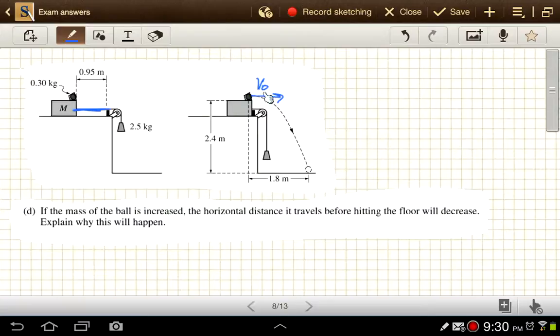The time to fall won't be changed, and so the distance, that's x minus x naught, that was just equal to the initial velocity times the time. Well, the time stays the same. The initial velocity falls because acceleration fell here. So that means the distance traveled is going to decrease as well.